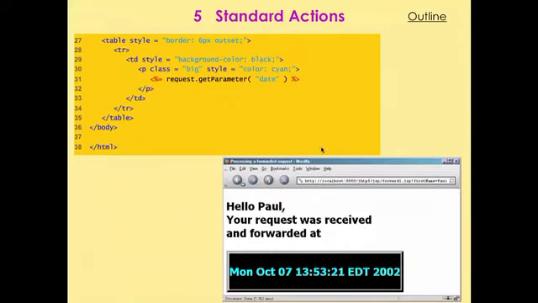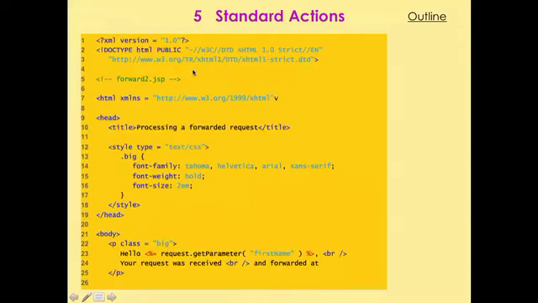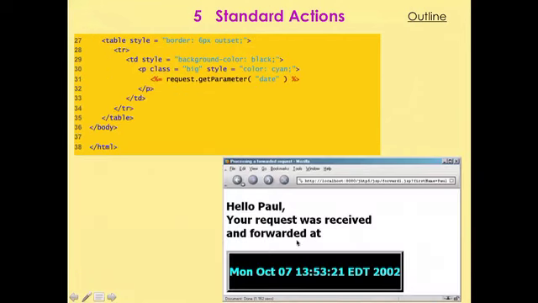But at the same time, as you can see, here we say hello, and your request was received and forwarded at a specific time. What is this time? It is request.getParameter date, if you remember.